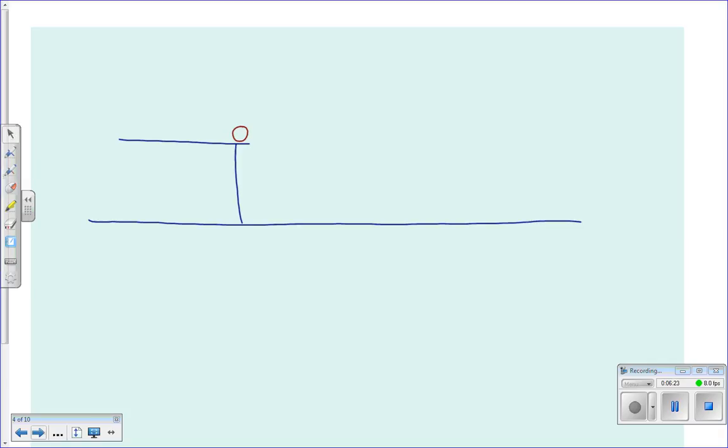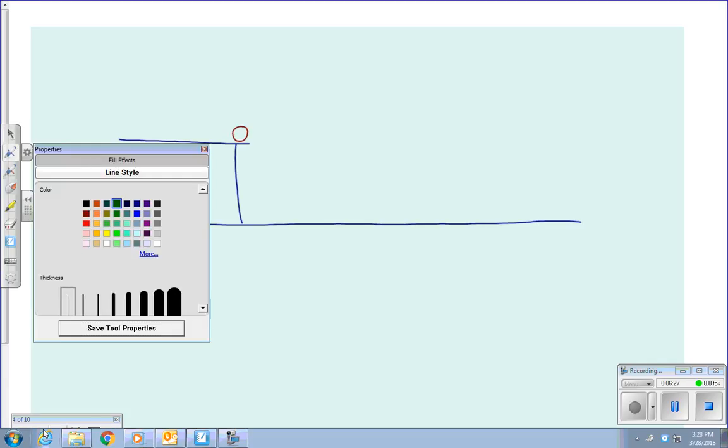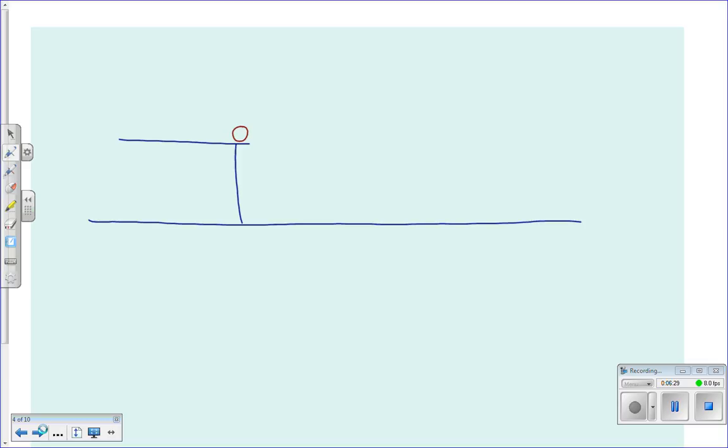If we consider the height of the table to be our reference level, then when the object is sitting on the table, it has zero height above the reference level. And so its potential energy at this point would be zero.